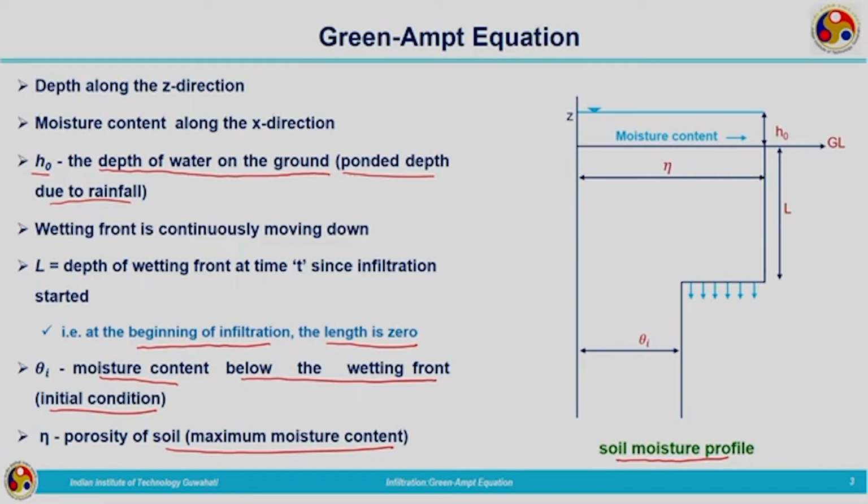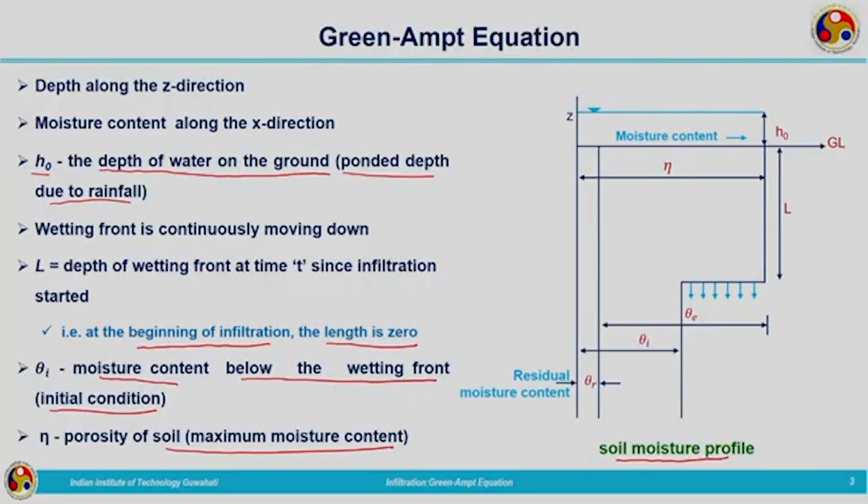So, this much is the maximum moisture content that can be represented by the porosity. Now, another term you should be familiar with is theta r, the residual moisture content. Residual moisture content is the moisture content which is present in the soil.